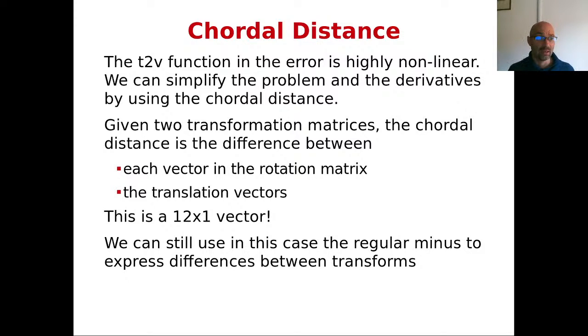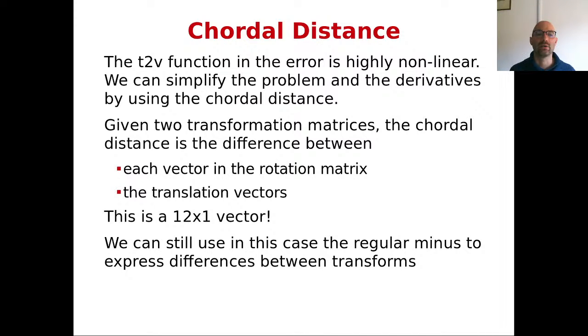So I have a chordal distance, right? That we have already encountered. We encountered it when I was talking about the direction vectors. And by calculating this new metric, we bloated up the error vector to be dimension 12, and we said that the error vector will be just 12 components, right?